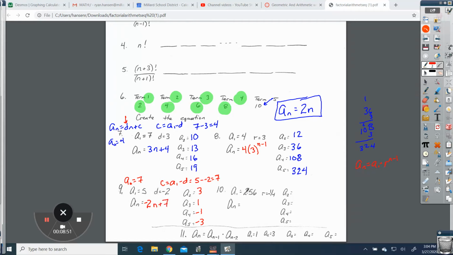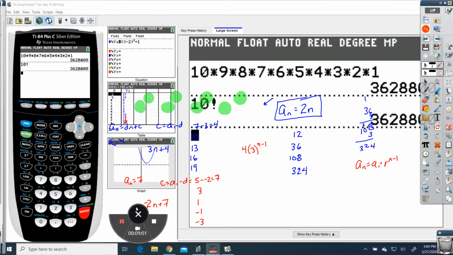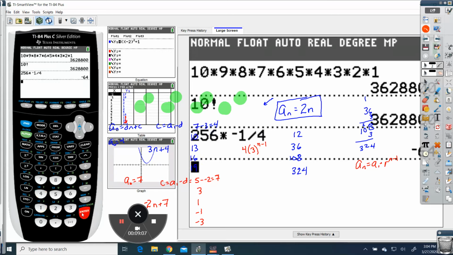So on this one it says, I start at 256, we multiply it by negative 1/4. So I'm going to come to my calculator, move this out of my way. 256 times negative 1 divided by 4. So that's my next term is negative 64.